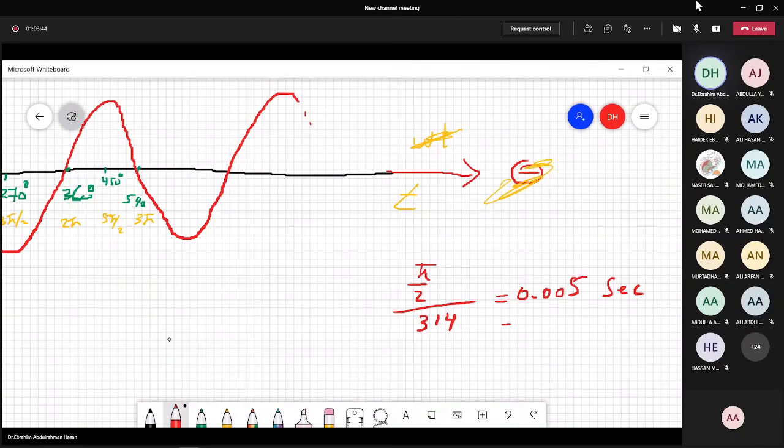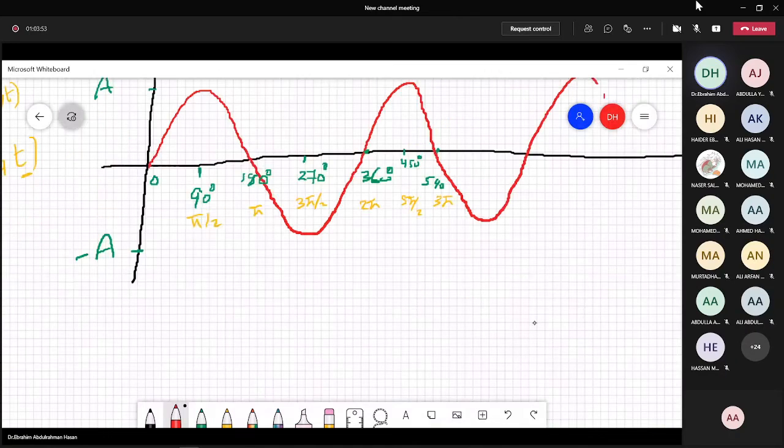So t is in milliseconds here. Then this one will be equal to 5, then this is 10, this is 15, this one is 20, this is 25, 30.